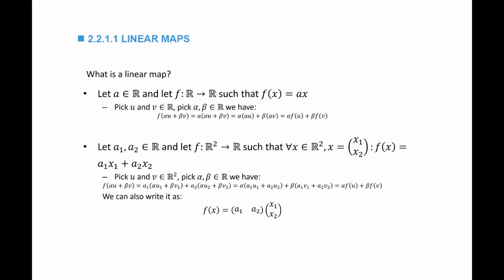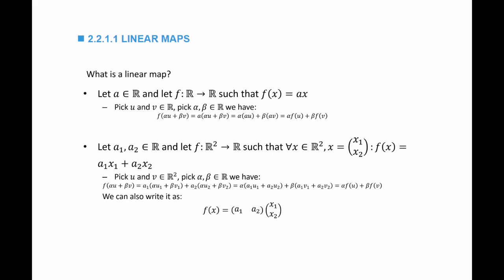So this is equal to a1 multiplied by the first component of the vector, which is alpha u1 plus beta v1, plus a2 multiplied by the second component, which is alpha u2 plus beta v2. Again, by rearranging, you will find that because of the form of this function, I can say that's equal to alpha f of u plus beta f of v.